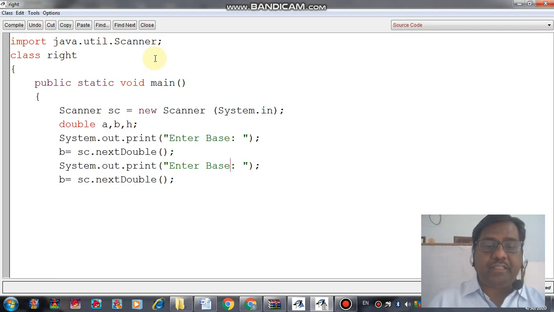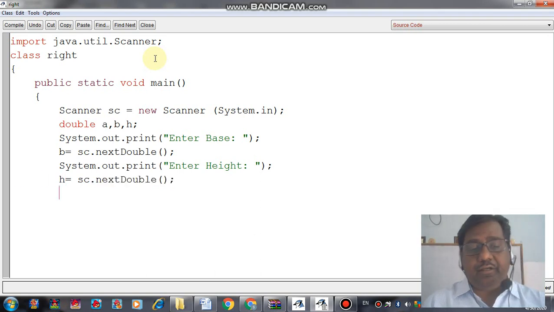So you will flash the message enter height, and in which variable are you supposed to take the value of height? That is h. And here comes the area.